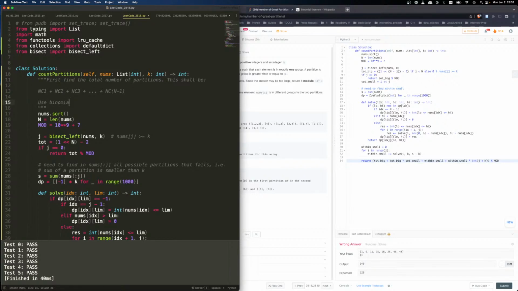Use the binomial theorem. The above can be computed as 1 plus 1 to the n, minus 2.